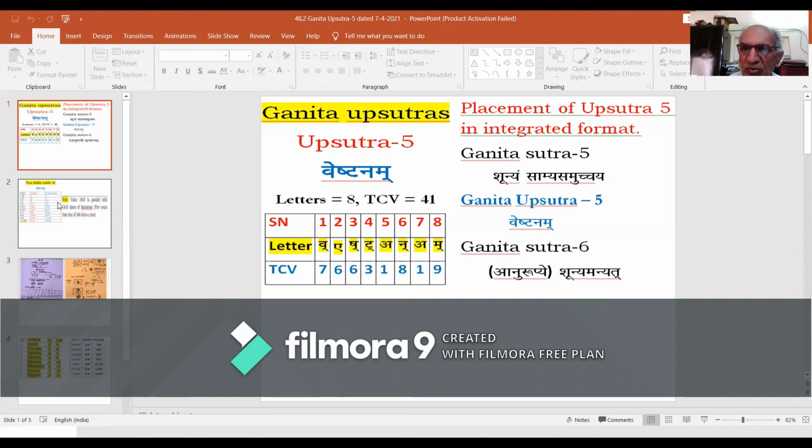These two sutras are about two distinct features of value 0, Shunyam. Shunyam is of different features in different domains.